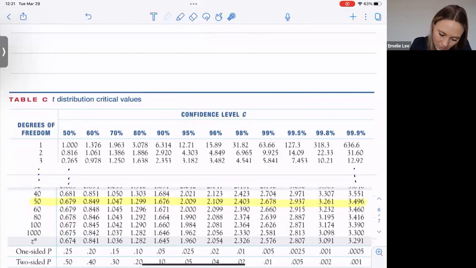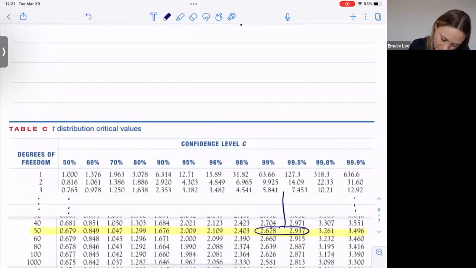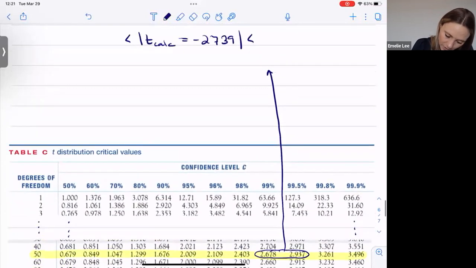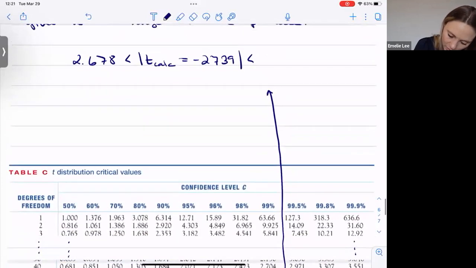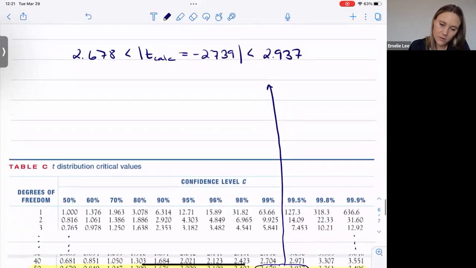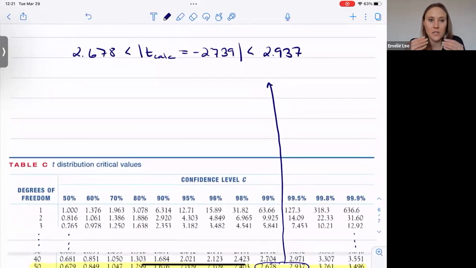Between 2.678 and 2.937. So I wrap these around, and this is how we show that this is what we found our range to be.